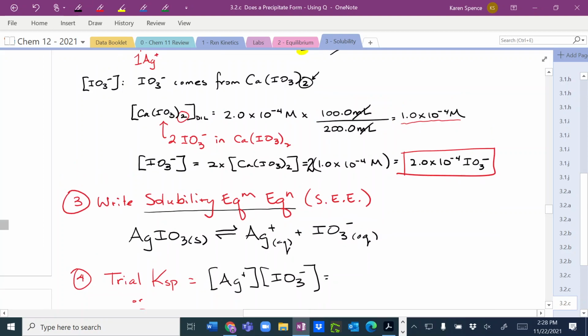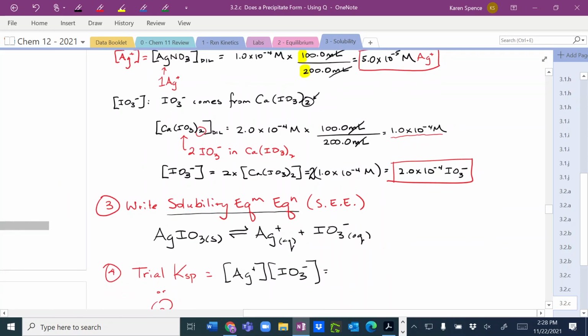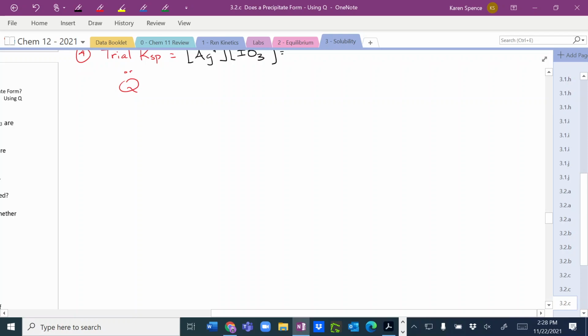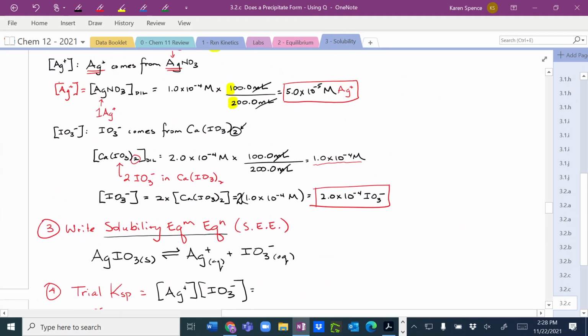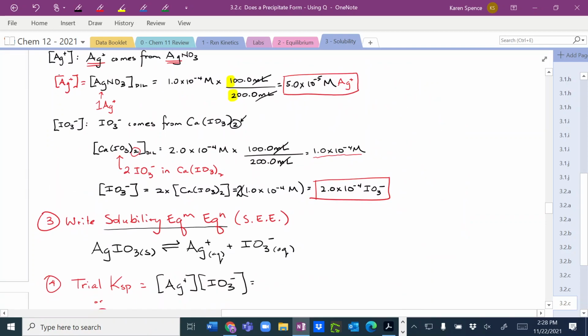And we have to go back so that we can see our concentration. Oh, jumping all over on me. What's it doing? There we go. That's better. Our concentration of silver is 5.0 times 10 to the minus 5. And our concentration of iodate we found was 2.0 times 10 to the minus 4.